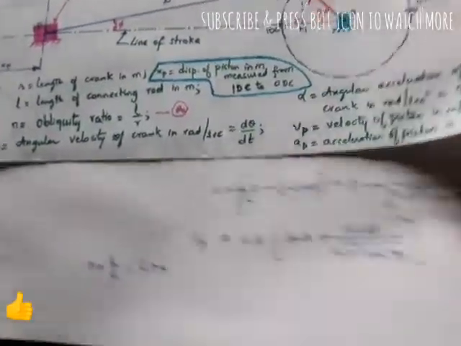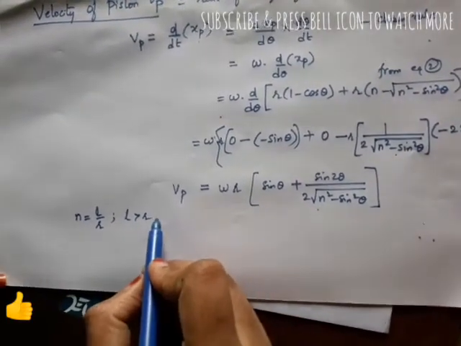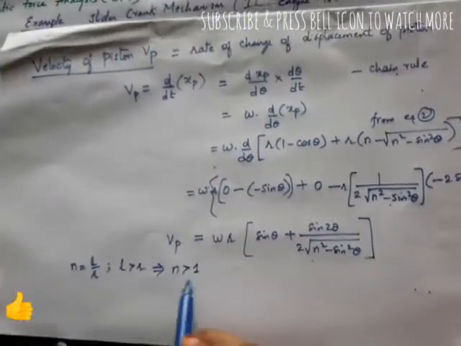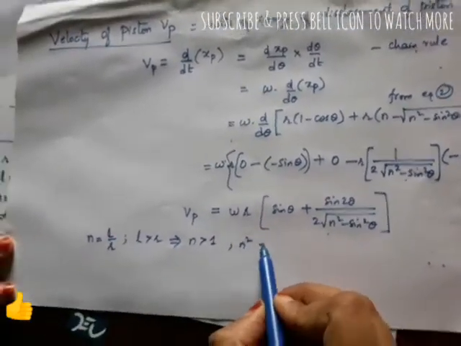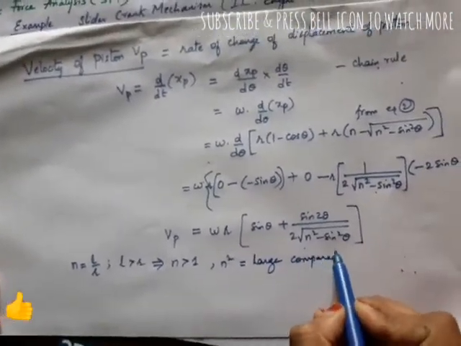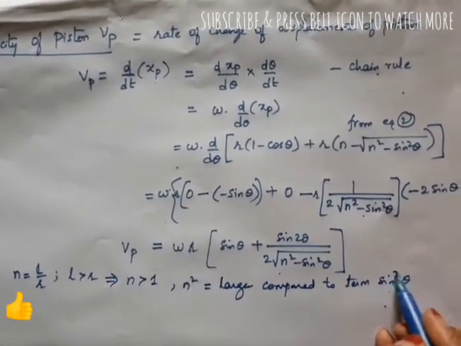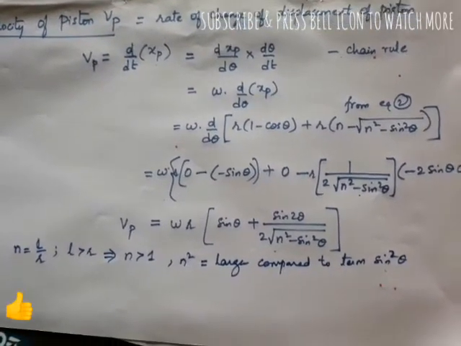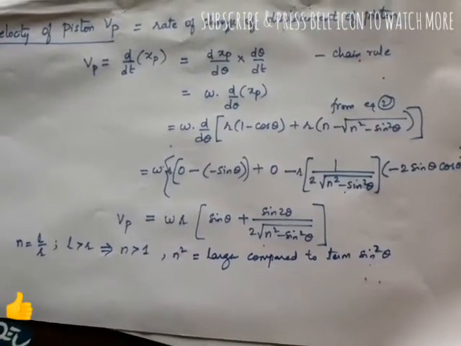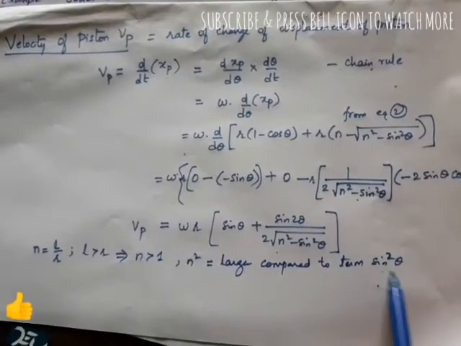So since the numerator is greater than denominator, n is definitely greater than 1. So naturally n square will be large compared to the term sin square theta, because sin theta itself is between minus 1 and 1, there are all decimals. As you square it, it further gets down. So since n is greater than 1, this n square will be larger compared to sin square theta.